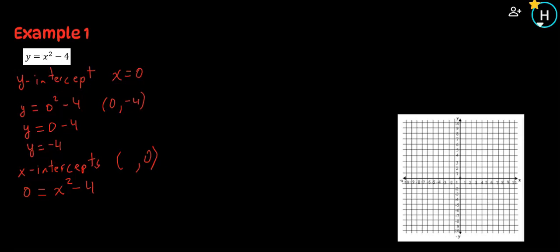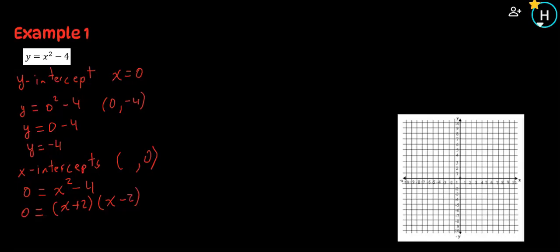To solve this equation, we identify that this binomial is a square binomial. So we can find the factorization like (x plus 2) times (x minus 2).